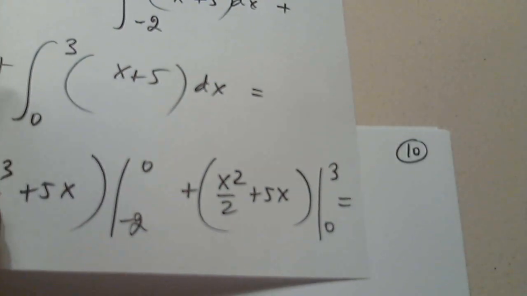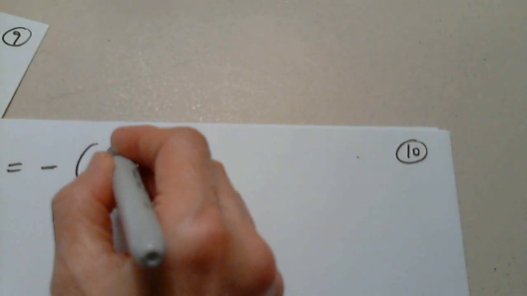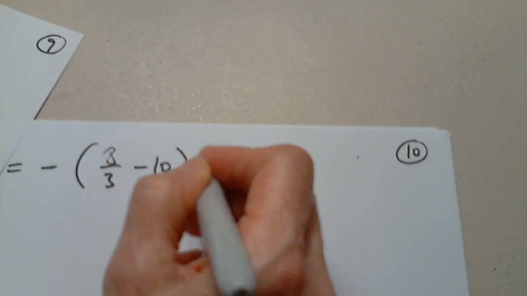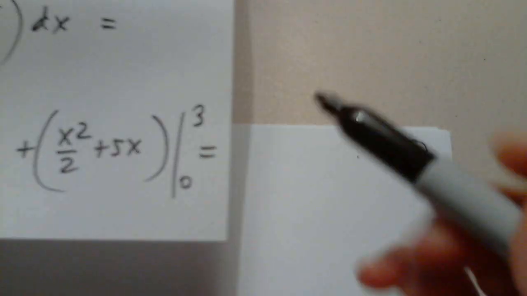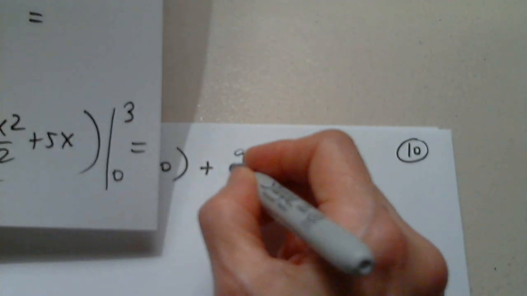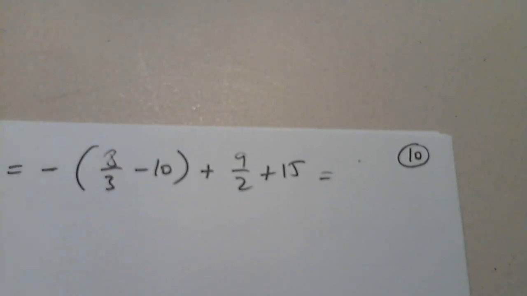So from here, when I plug in 0, everything is 0, but don't forget minus when I plug in -2. So this is -8 with minus in front, so it's 8/3 and minus 10. Now luckily I only have to plug in 3, which is 9/2 plus 15, minus when I plug in 0 is 0.